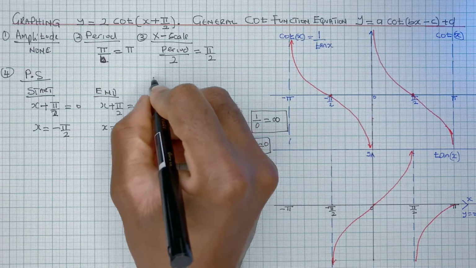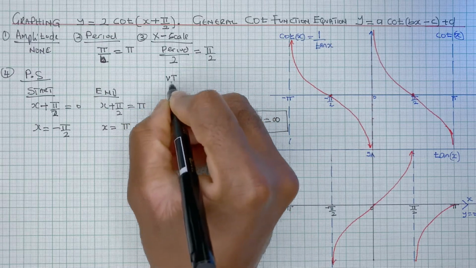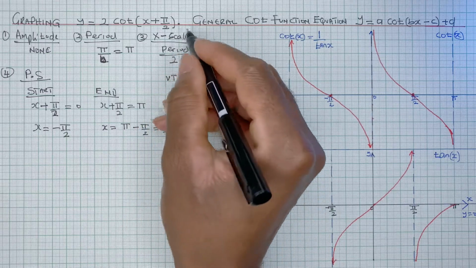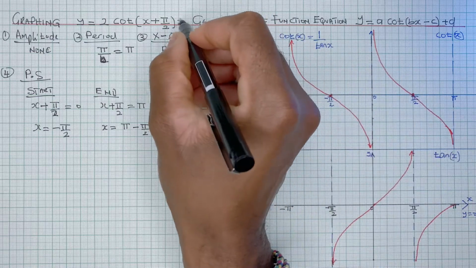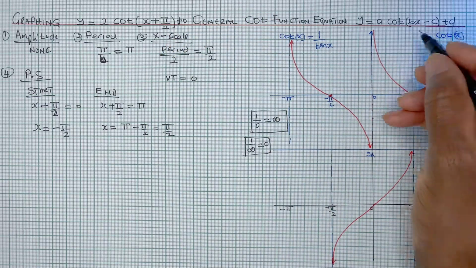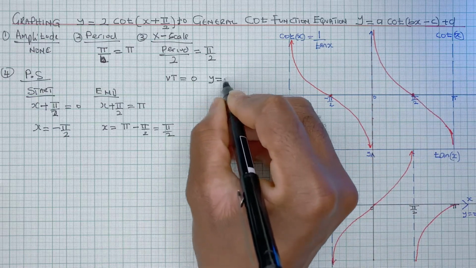Any vertical translation? No, there is none, because vertical translation is 0 here. That's d here, which is plus 0. So there's no vertical translation, which means the curve will lie on y equal to 0.